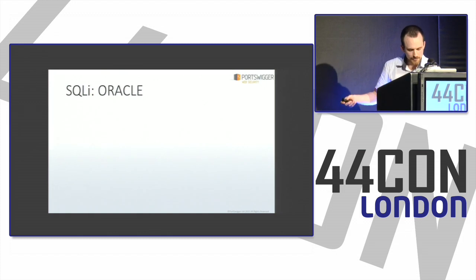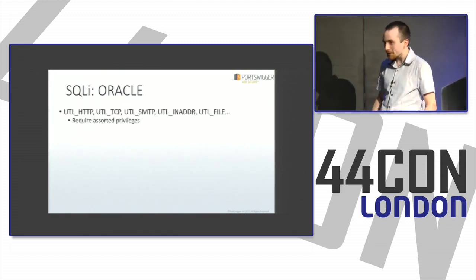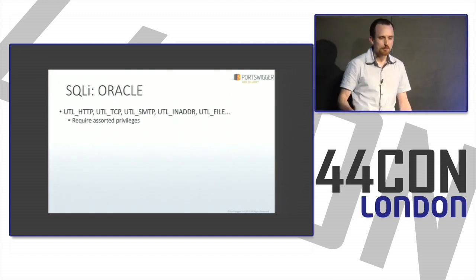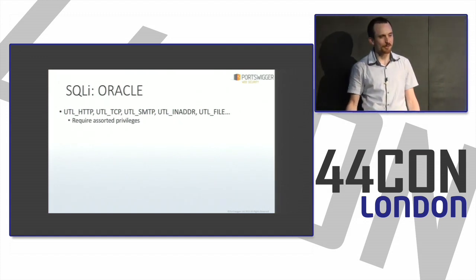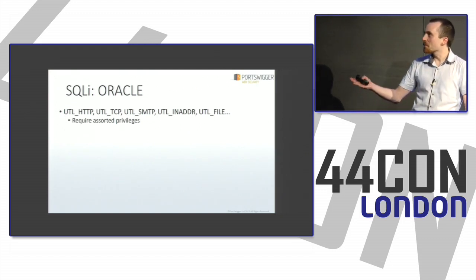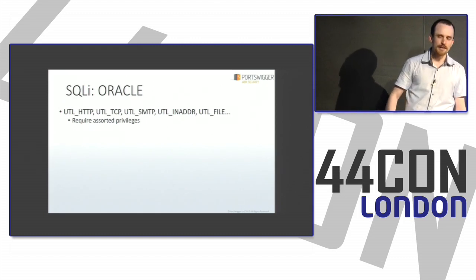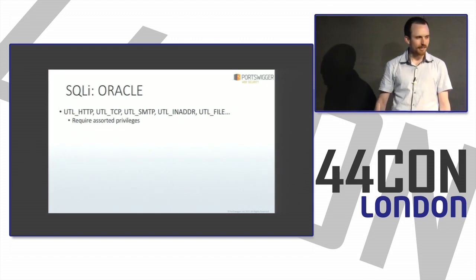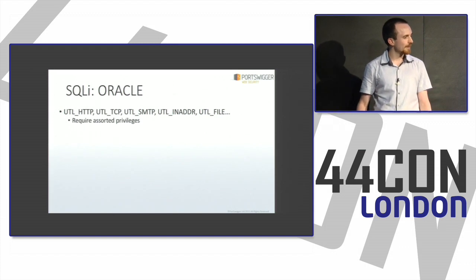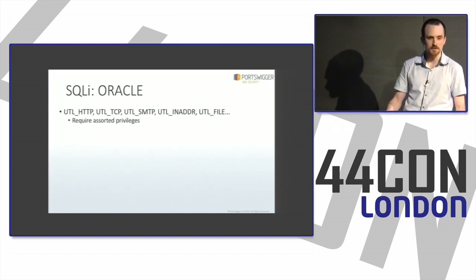Oracle has quite a few features that you can use to trigger external lookups. If you want, you can write a payload for Oracle SQL injection that will send you an email describing the vulnerability, which is cool. But they all require various privileges, and once again, we want to avoid anything that needs privileges. Fortunately, in Oracle databases' many interesting features, it will parse XML. There's a built-in XML parser.